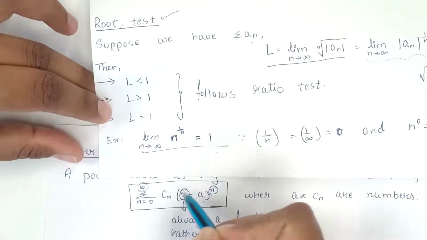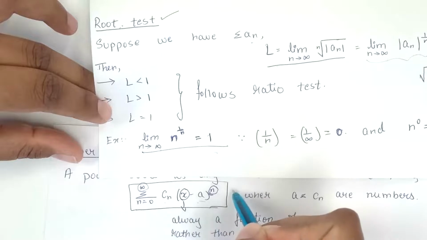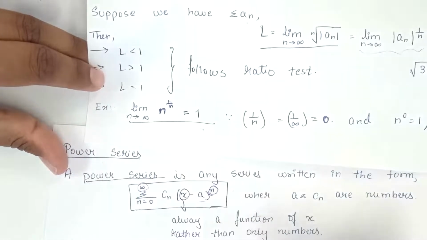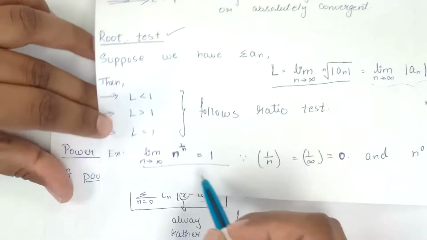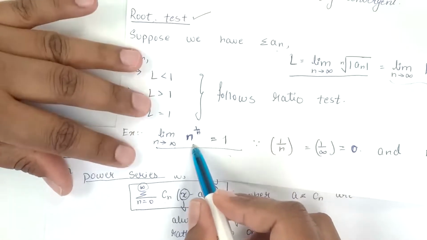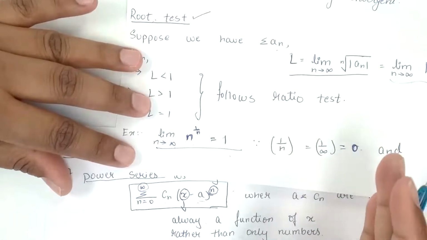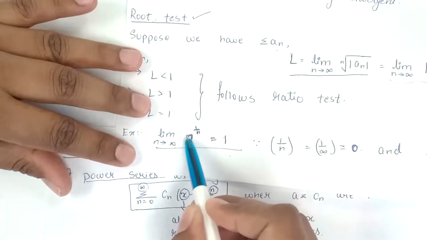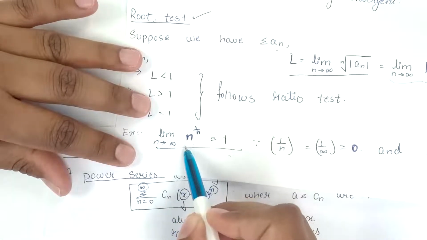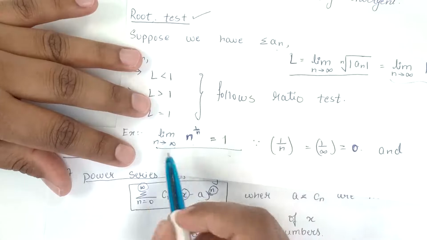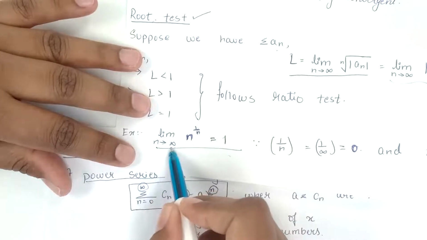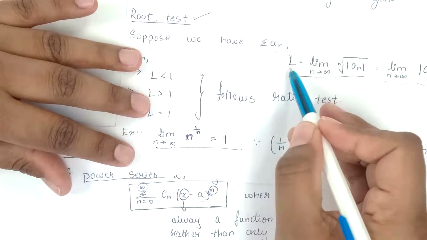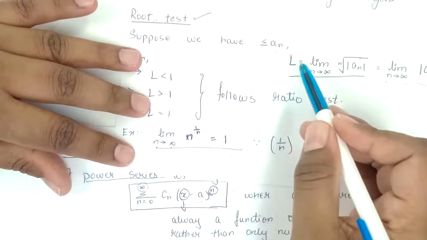The series, which is a function of x, which could be written in this format, we call this a power series. Now, the difference is, till now, you have solved series that are in terms of n only, right? You were applying the limit and tending to infinity. You used to find out the number L. That was quite easy.